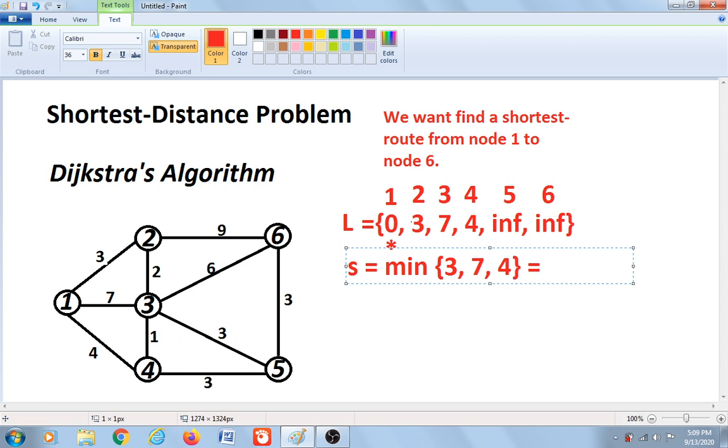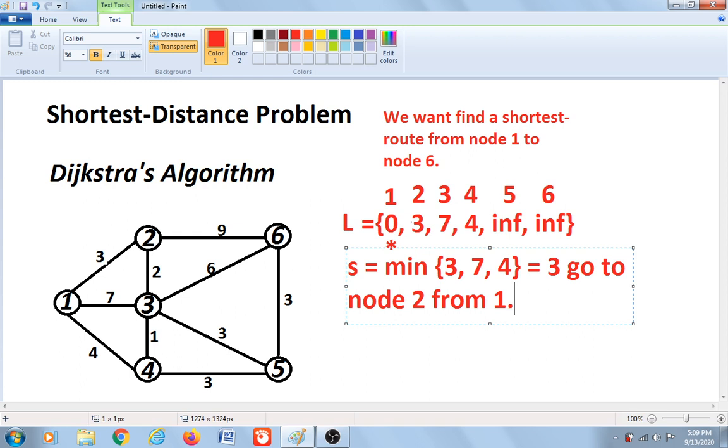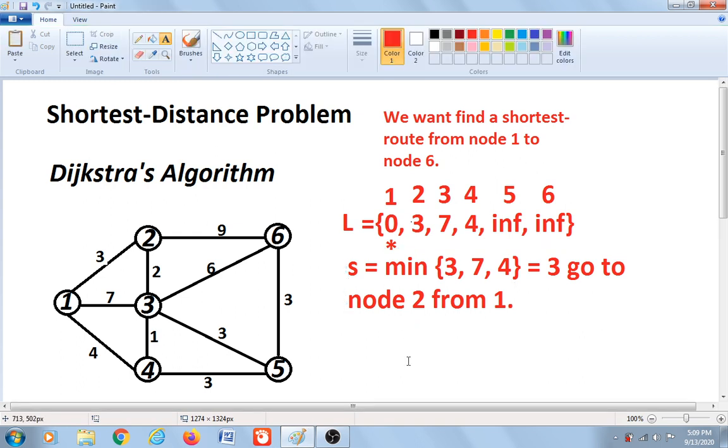And the minimum distance is 3. And 3 means go to node 2 from 1. So we go to node 2 from node number 1.